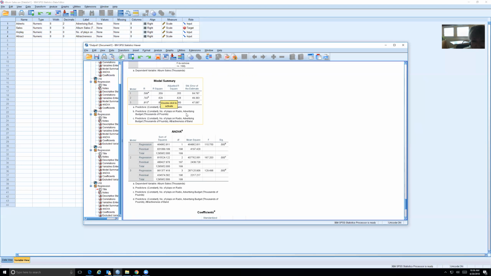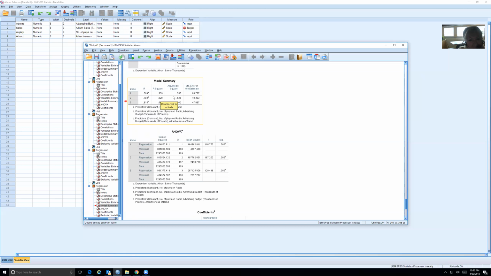What about the attractiveness of the band? Now 67% of the variation can be accounted for by plays on the radio, advertising budget, and attractiveness of the band. Notice that attractiveness of the band only moves us from 63 to 67%, so not a whole lot.